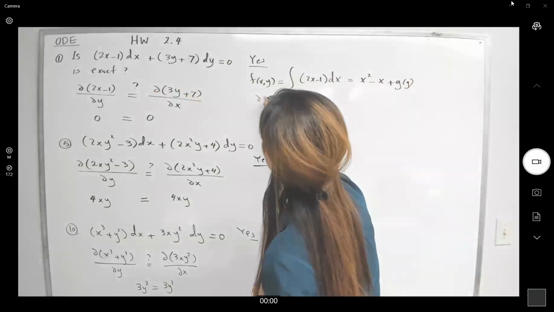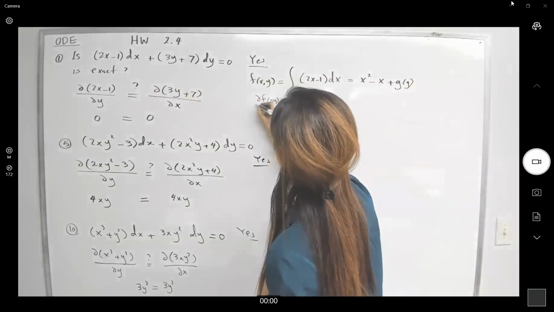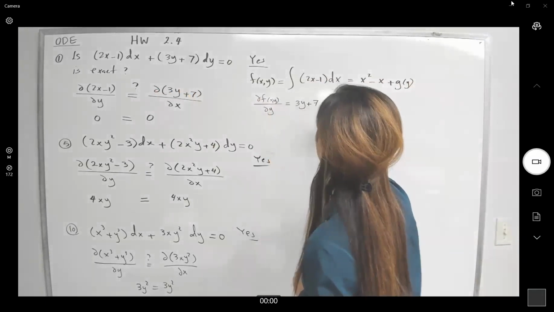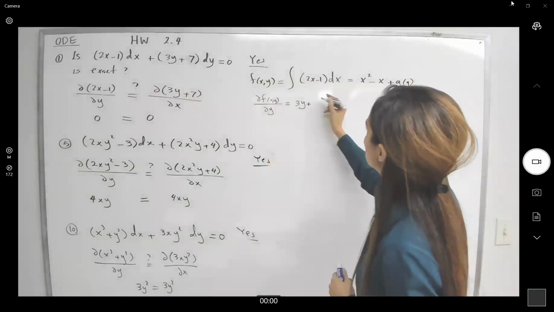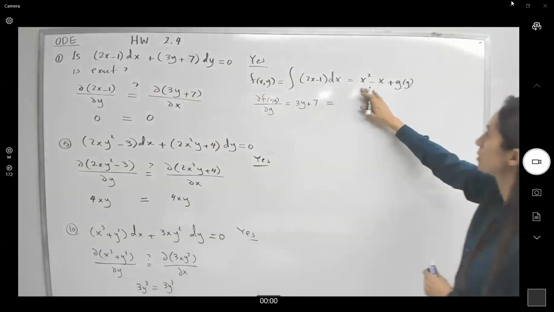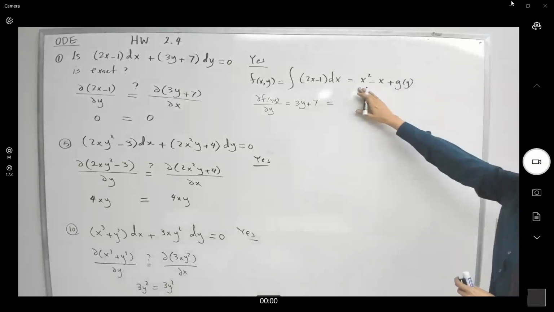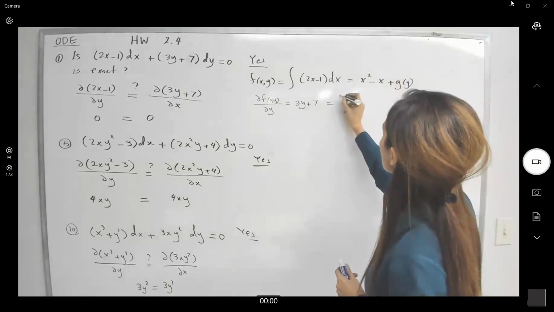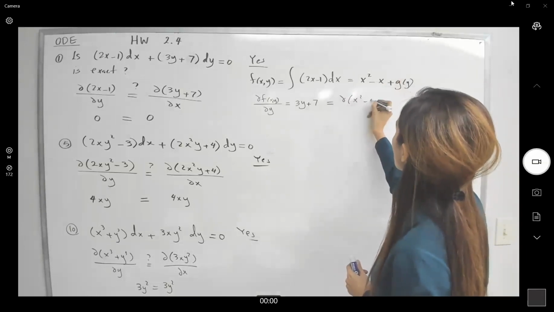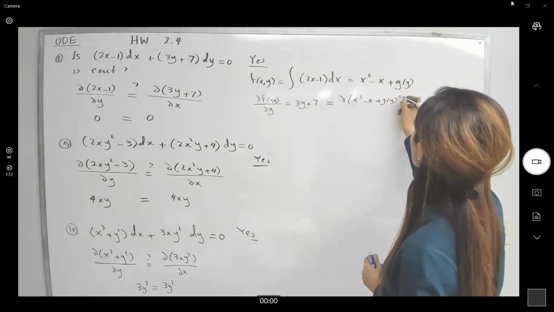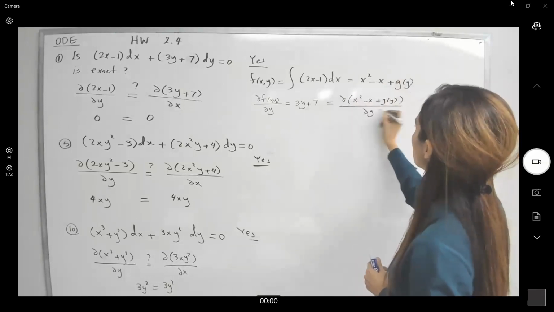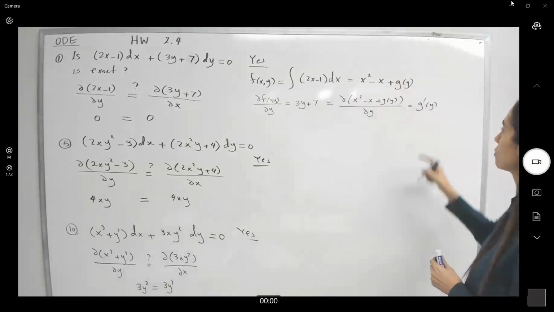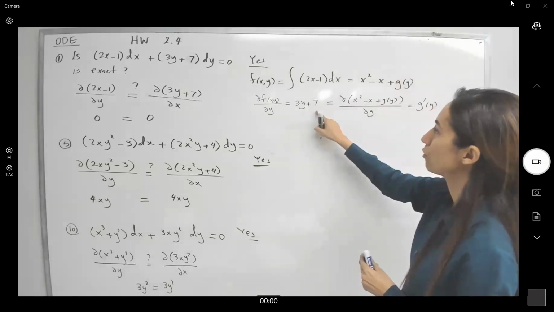So since N is 3y plus 7, it becomes the partial derivative of the expression on the right-hand side with respect to y. You're taking the partial derivative of x squared minus x plus g of y with respect to y, which is 0 plus g prime of y. So g prime of y is equal to 3y plus 7.